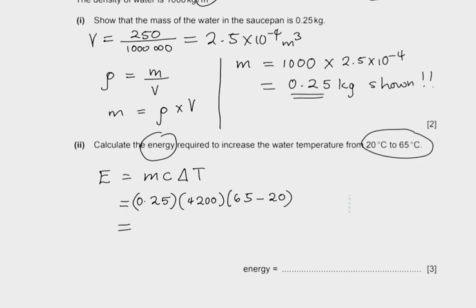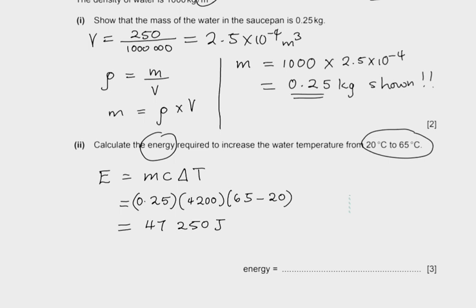This is equal to 0.25 times 4,200 times 65 minus 20. I'm getting 47,250 joules.